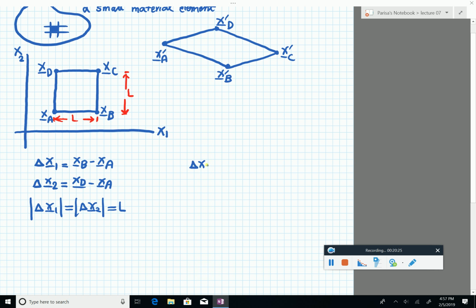Well, this will become x prime 1, and xb goes to x prime b, so a similar kind of formulation. Not to make any mistakes here.